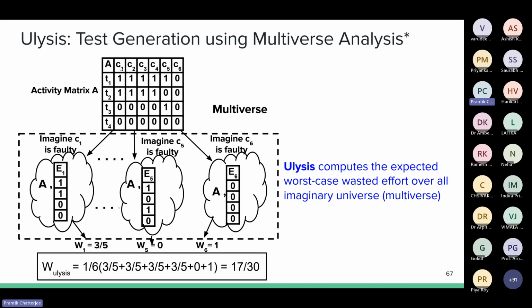So since you have 6 components, the probability of C1 being faulty is 1/6, same for C2, C3, etc. Now your expectation becomes an average over the entire multiverse, over all these 6 universes. And now this is your score.